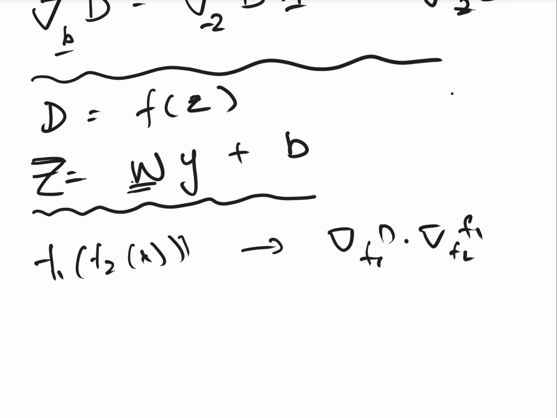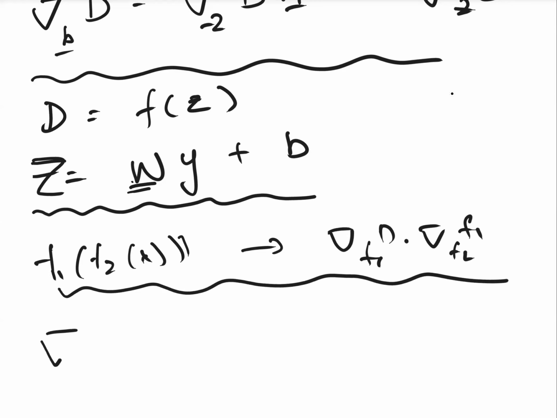Because W is a matrix, you get a strange inversion. The derivative of D with respect to W is actually going to be Y times the derivative of D with respect to Z. Observe that the outer one actually came to the right and Y came to the left. So this is in a different order than this one.